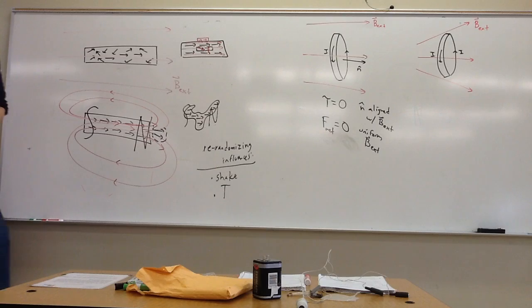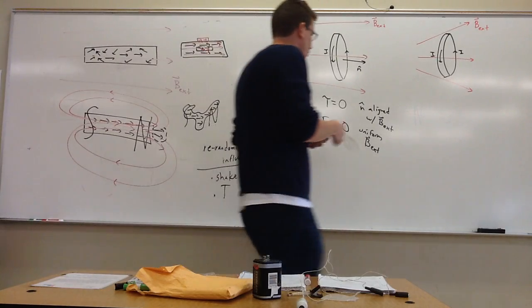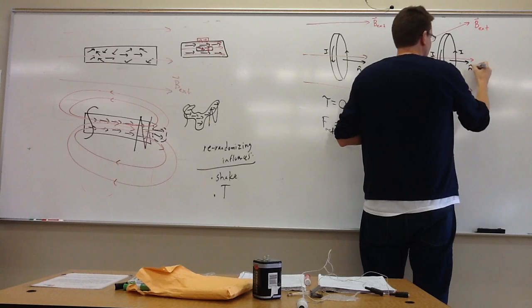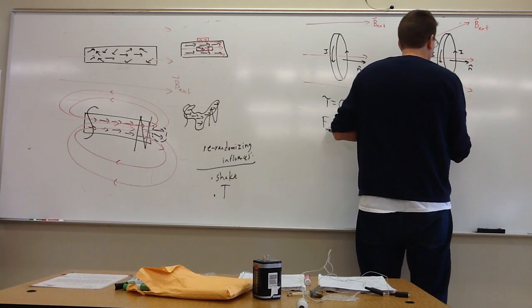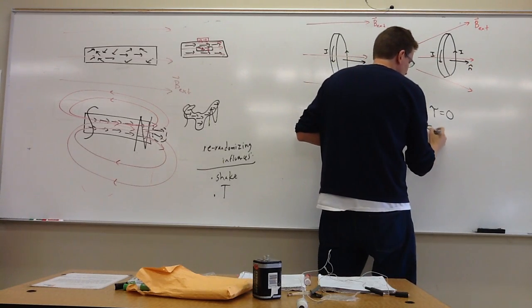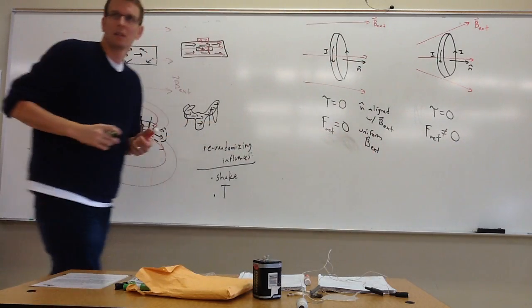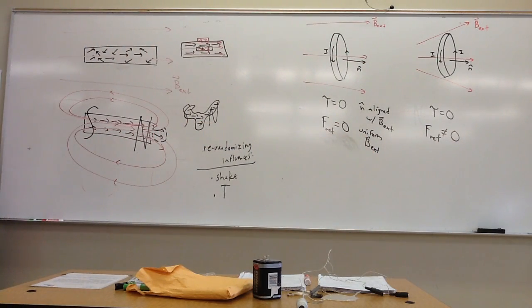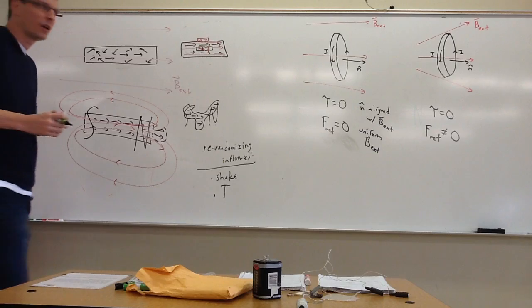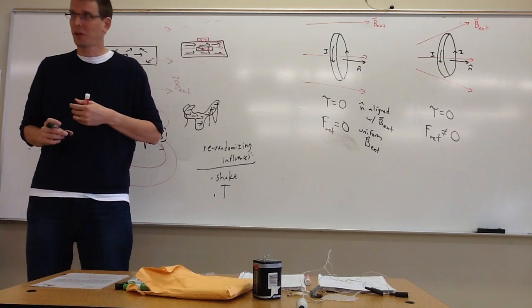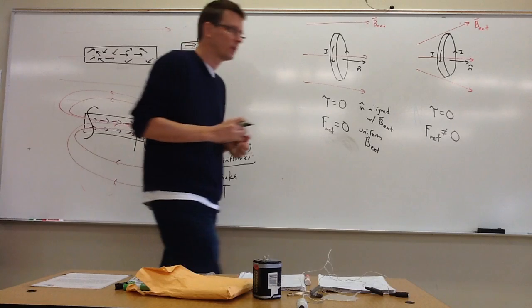And we talked about the fact that the normal here is still aligned with the field, so there's no torque. But now the net force isn't 0. We found that if something is in a non-uniform field, it actually experiences a net force in the direction of the stronger field.